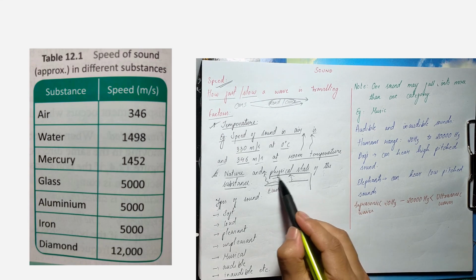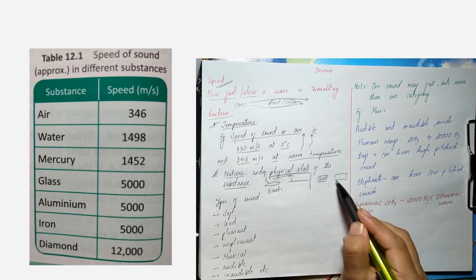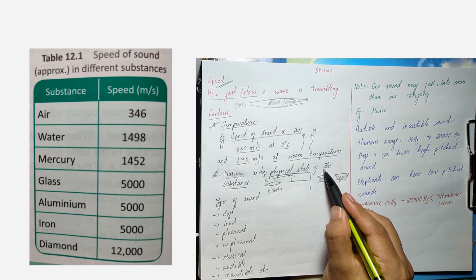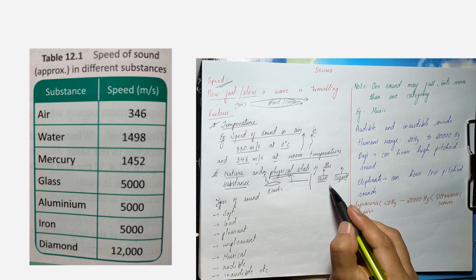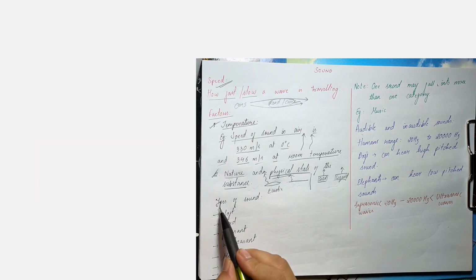On the other hand, for physical state, let's say we have two particles, one is in solid state and one is in liquid state. So the vibration produced by this particle and the vibration produced by this particle will travel at different speed.